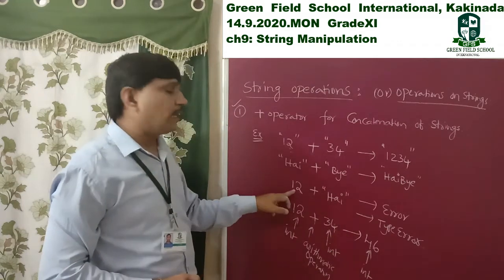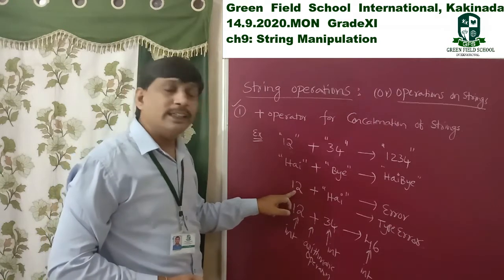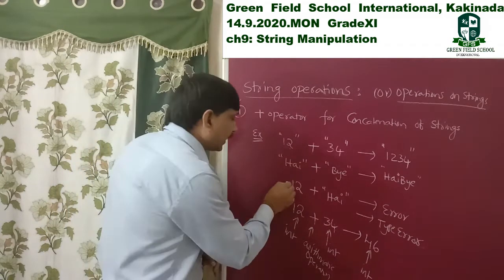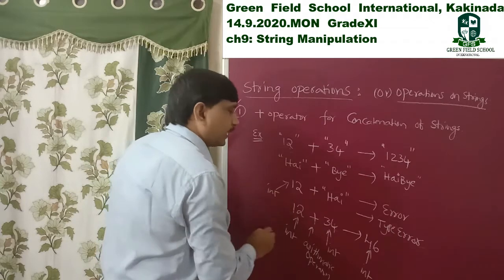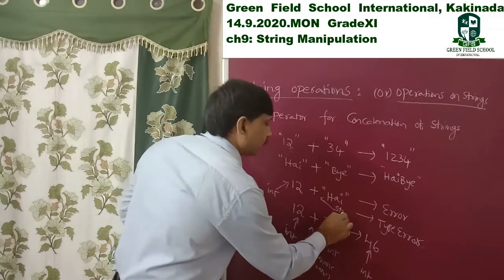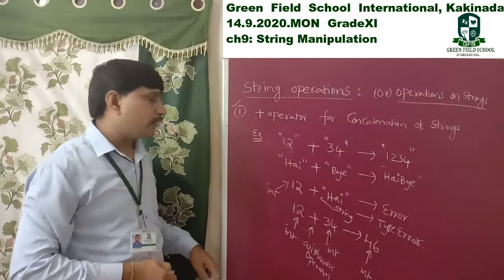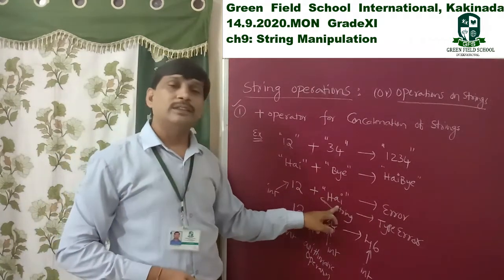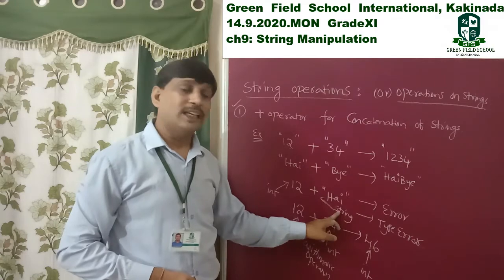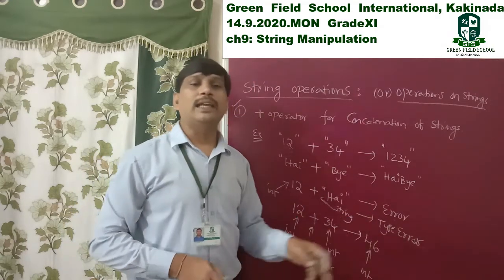Now consider this example. Here I am taking one integer. This one is an integer and this one is a string. We do not join one string with one integer, or one integer with one string. That's why it returns a type error.